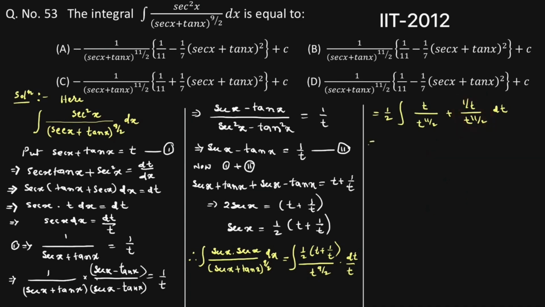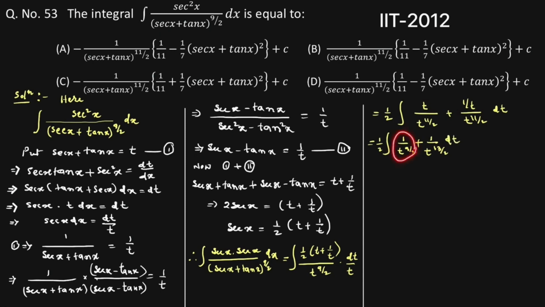Now this is equal to 1 by 2 integration of 1 by t to the power 9 by 2 plus 1 by t to the power 13 by 2, dt.